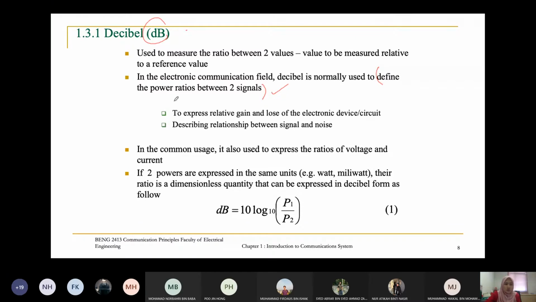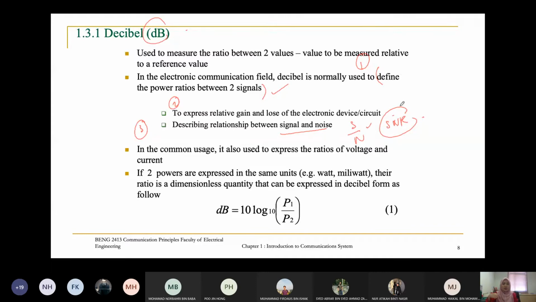Decibel is also used to express relative gain and losses in electronic device circuits, and also to describe the relationship between signal and noise. This is number 1, 2, and 3. The relationship between the signal and noise is the signal to noise ratio, or sometimes we call it SNR in short. So SNR is signal to noise ratio.